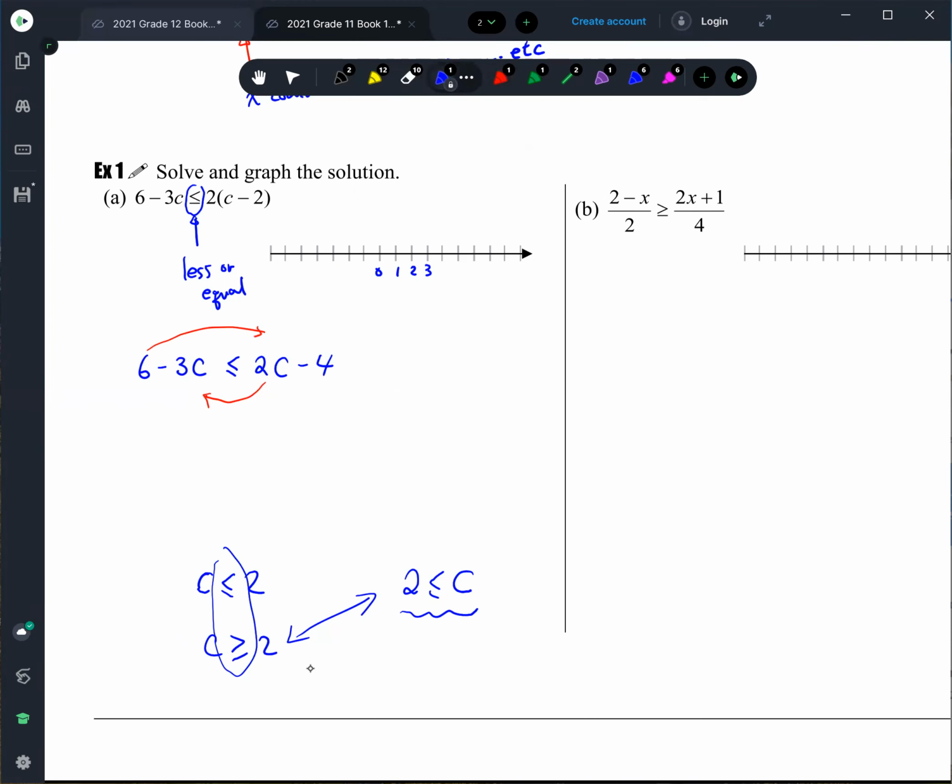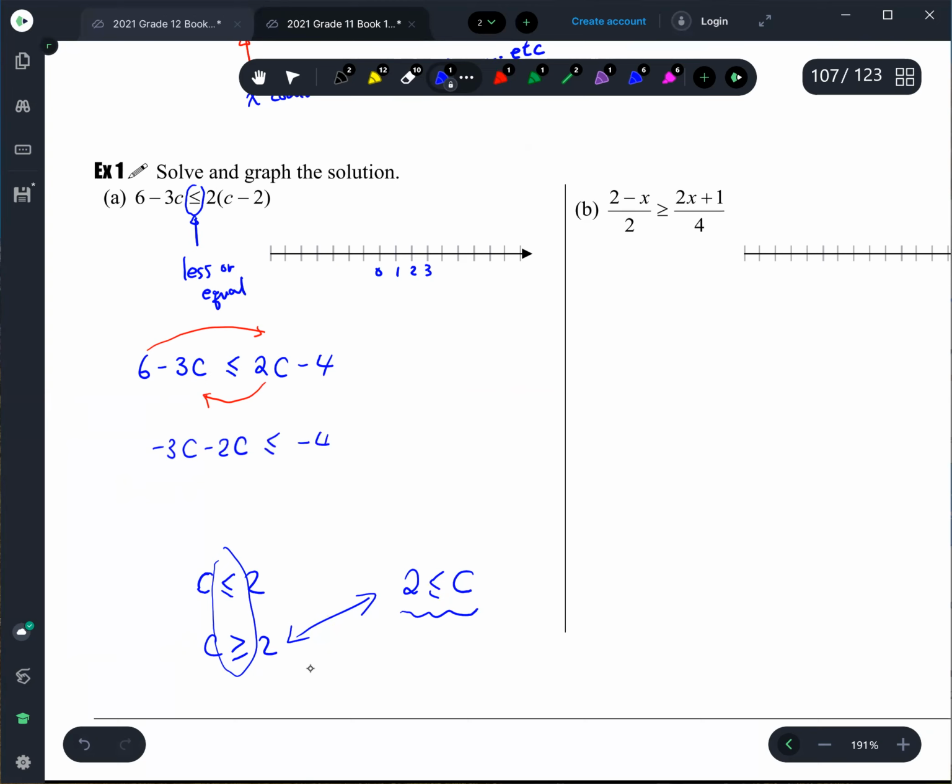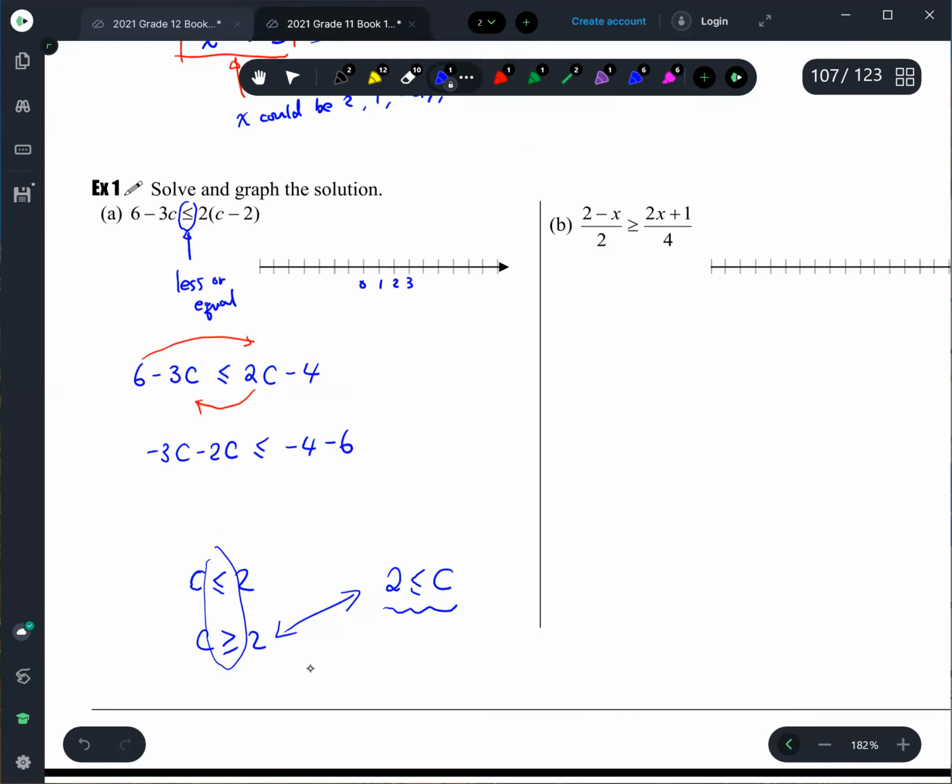If I move it over, it will become negative 3c minus 2c. Moving it, you don't need to flip, okay? Negative 4 minus 6. All right, so now on the left side, Tony, what do you get? What's negative 3c minus 2c?